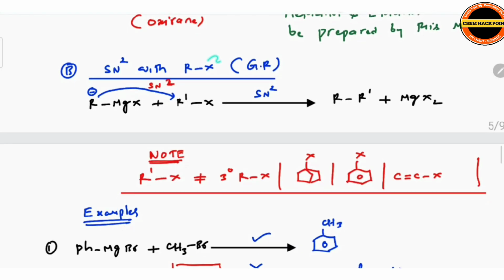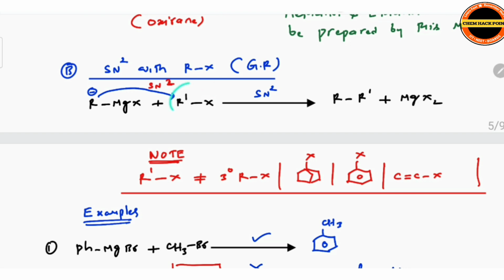And remember, in SN2 with RX, the R'X should not be a tertiary alkyl halide, bridgehead compound alkyl halide, aromatic alkyl halide, or vinyl halide. These will not show SN2 reaction because of stability factors.